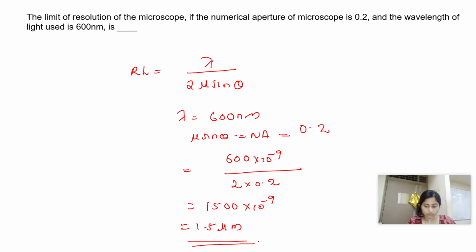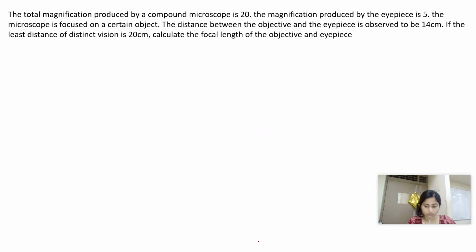So do you know about the compound microscope? It is the same as whatever we discussed, only it is a compound microscope. See this question: the total magnification produced by a compound microscope is 20. The magnification produced by the eyepiece is 5, and the microscope is focused at a certain object.